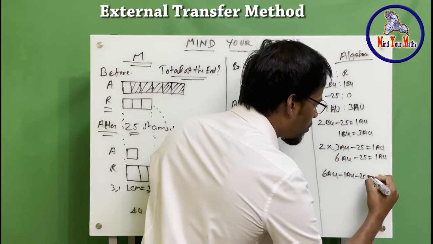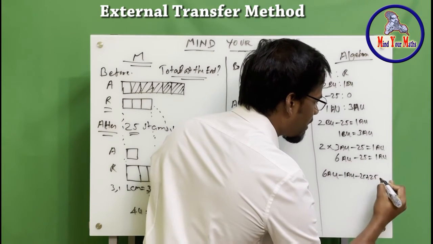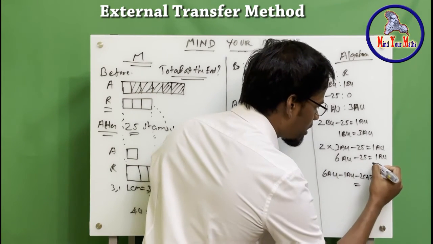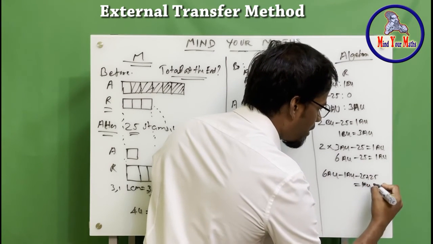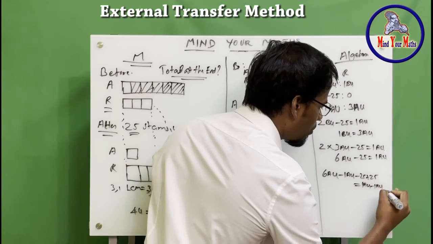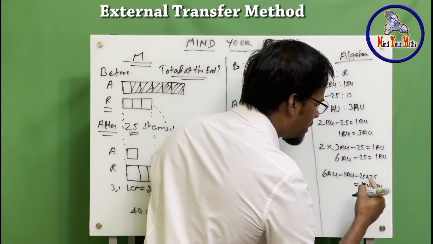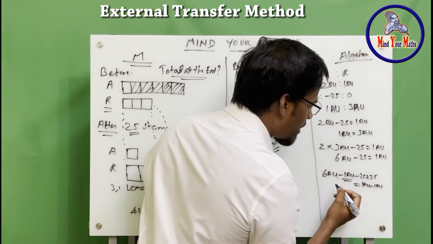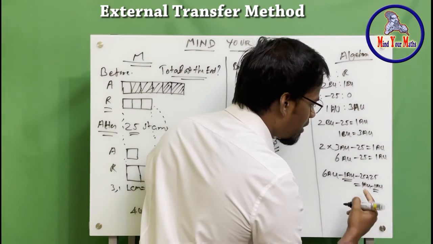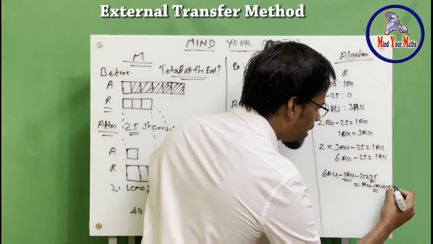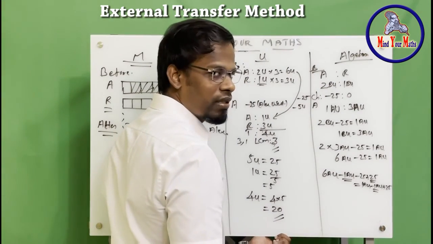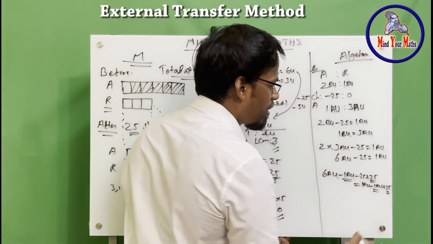To make it 0, we put plus 25 equals 1 AU, which is already there, minus 1 AU. We subtracted AU here, that's why we are subtracting here. Here we added 25, so we have to add 25 on the right side as well, right?